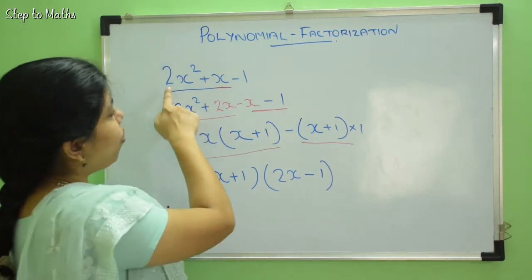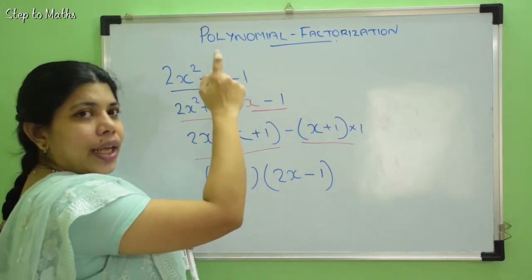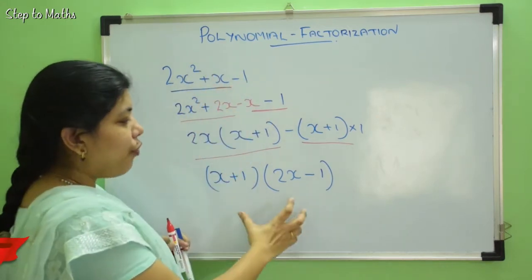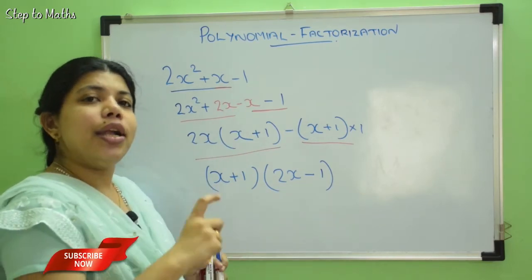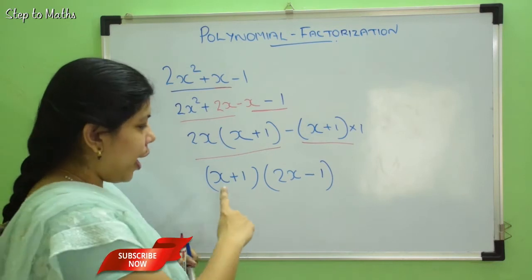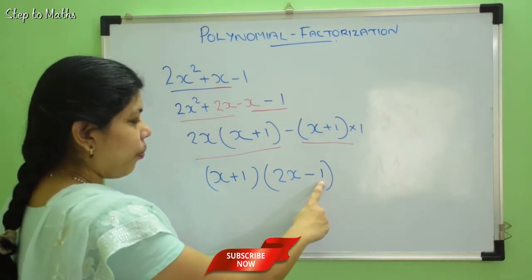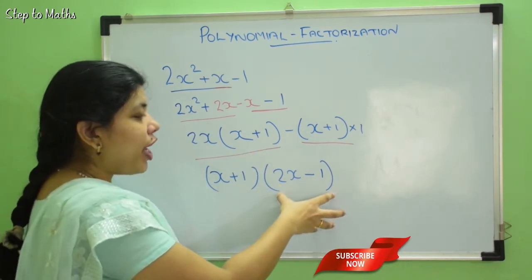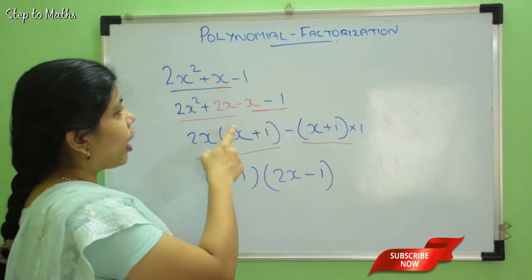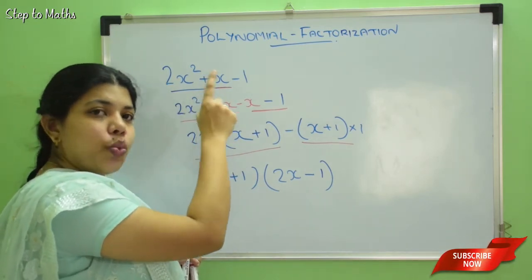The given polynomial 2x square plus x minus 1 is converted into the product of two simple polynomials, (x plus 1) into (2x minus 1). That means x plus 1 and 2x minus 1 are the factors of 2x square plus x minus 1.